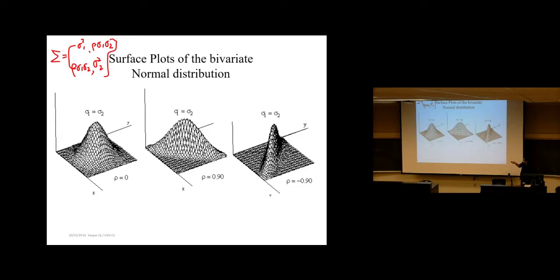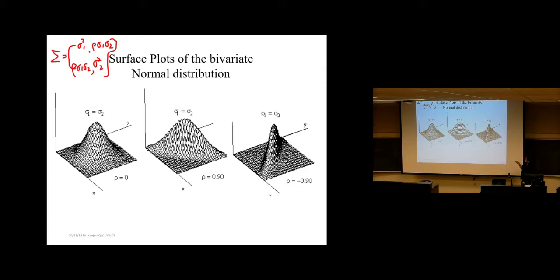Then its surface map just looks like no relationship at all. And because sigma 1 and sigma 2 are also the same value, the spread of the samples in x1 and how widely x2 is distributed are also the same. And then this gives us this very nice bell. It's not stretched into some weird shape at all. It's a very nicely rounded bell.